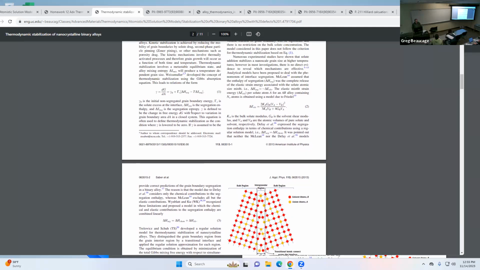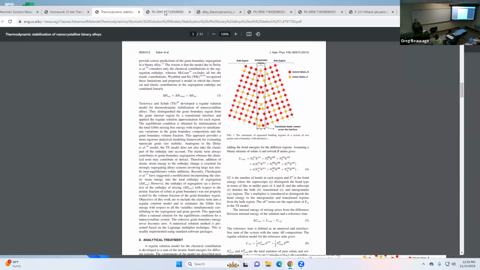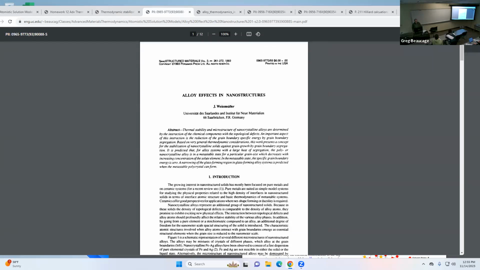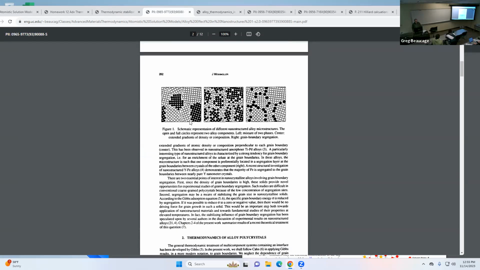So anyway, this other paper, Weissmuller, from 1993, I guess. He's talking about the same thing. There are three ways to have grain boundaries. You can have pure alpha, pure beta phase, like copper and zinc crystals, or you can have a substitutional solution with gradients in the degree of substitution, or you could have something that looks just like a Pickering emulsion.